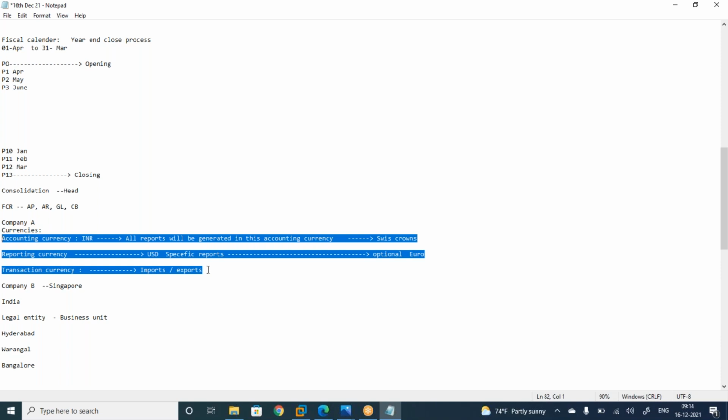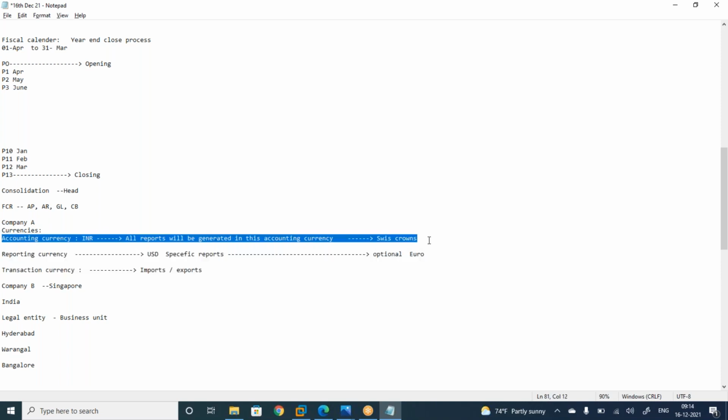Hi, sir. Can you repeat accounting currency once again? It's a little bit confusing. Accounting currency means simply, wherever you are staying. If you are in India, INR is your currency, right? INR means Indian rupees. Suppose you are traveling to the UK, can you use INR rupees in the UK? No. Which currency will you use?